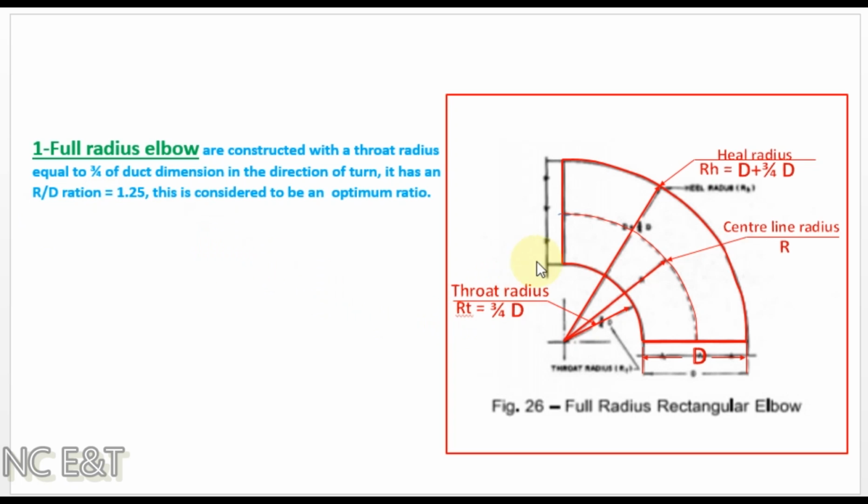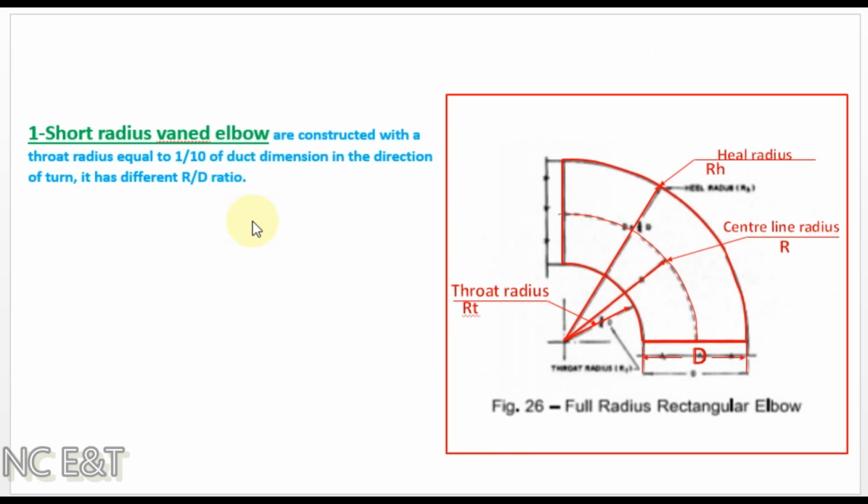You can see in this picture the throat radius value is 3-4 times the dimension of the duct in the direction of turn. Short radius vane elbows are constructed with a throat radius equal to 1/10 of the duct dimension D in the direction of turn. It has different R/D ratios.